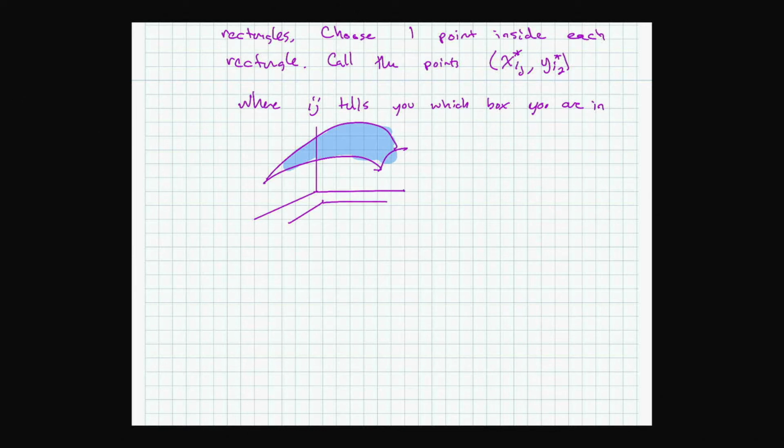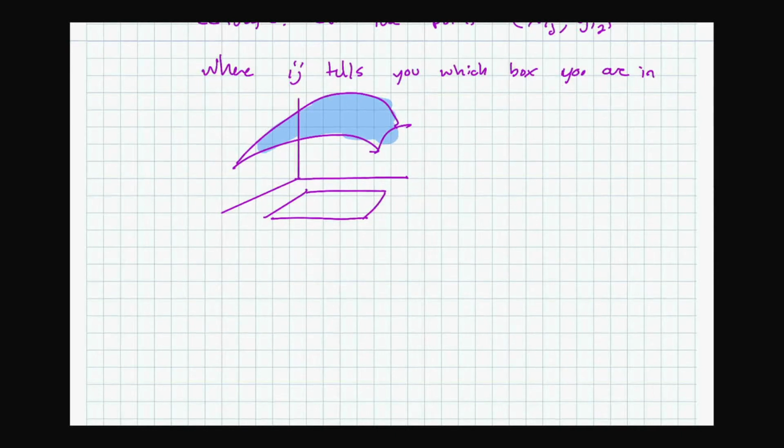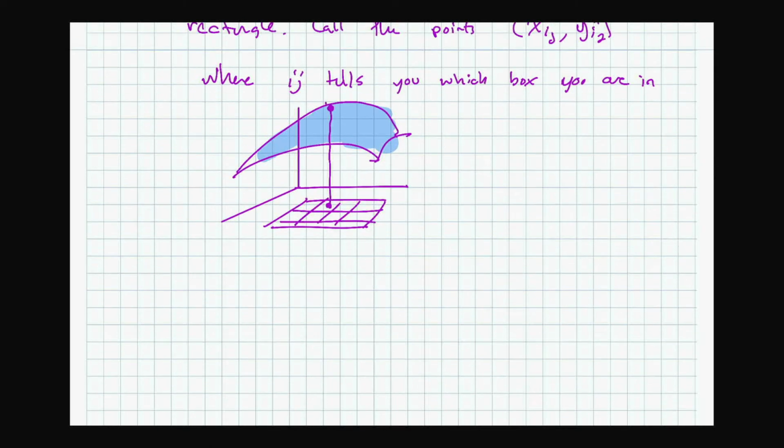You've got this rectangle down here on the plane, and it's been divided into a bunch of sections, and you pick one point in each one, and you come up here on the curve, and there's a point on the curve. And if you take that point and you make a little box right above the box, what you've got going on there is this kind of thing.